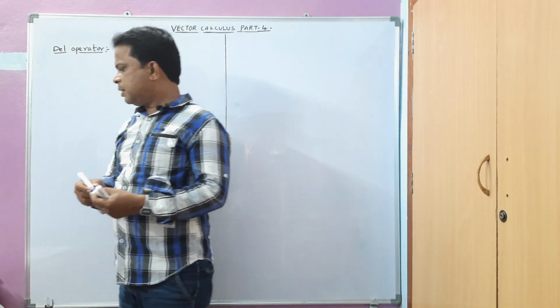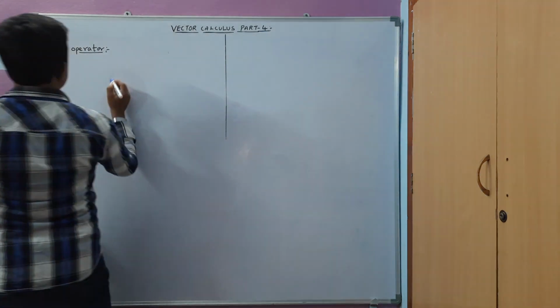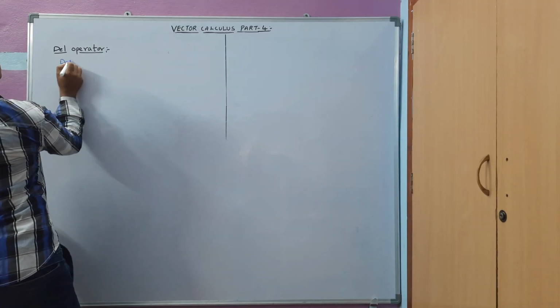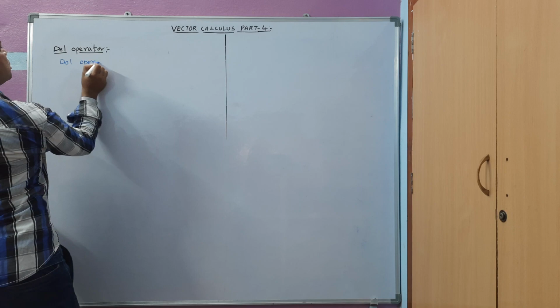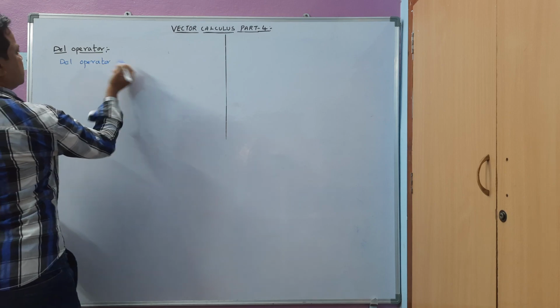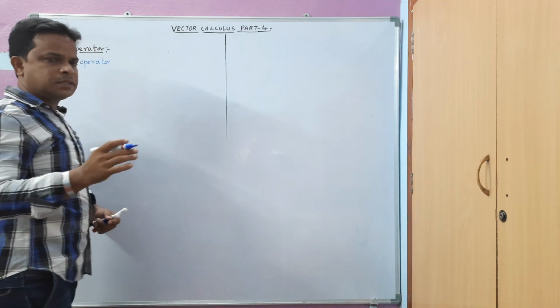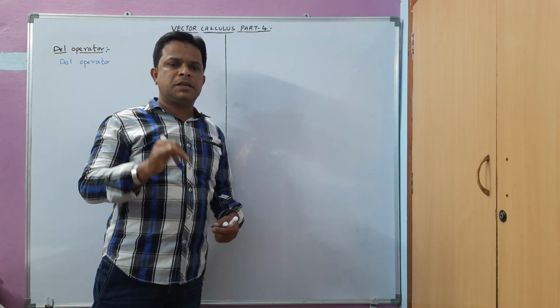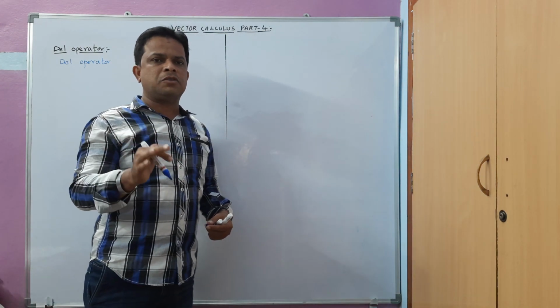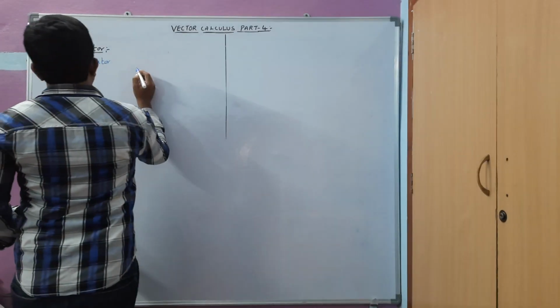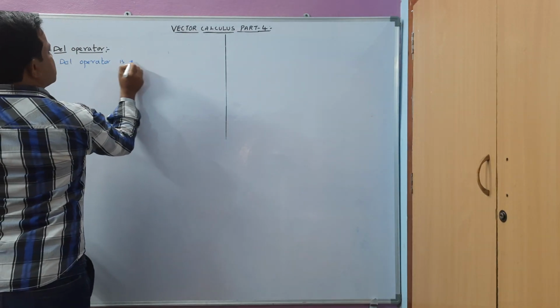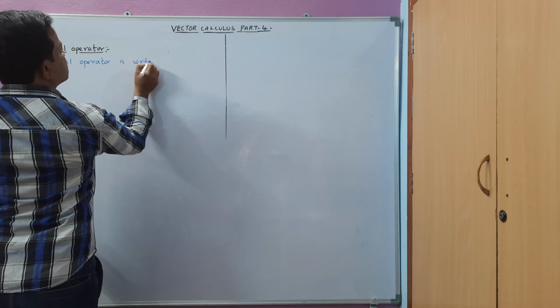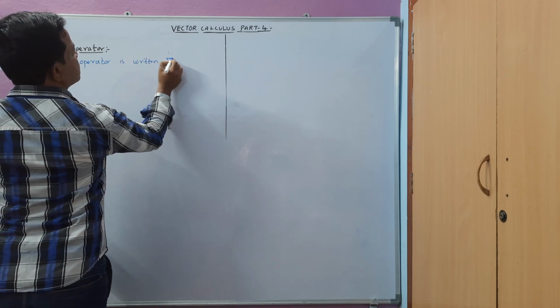Del operator is written like this. This is going to be a lengthy class, because I am going to derive this del operator in 3 coordinate systems, that is Cartesian, cylindrical and spherical coordinate system. Del operator is written like this, del.